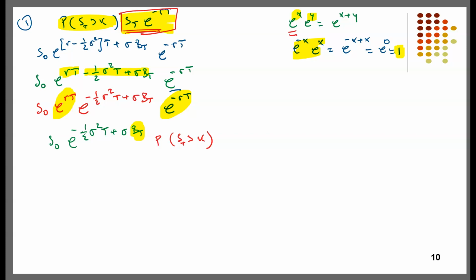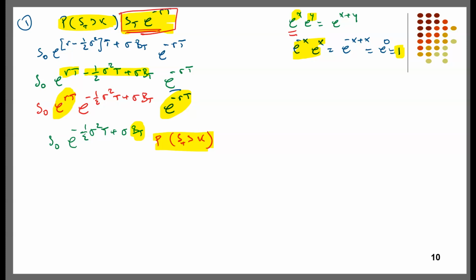So although we can find the probability here, we're still going to have a random variable, which is not going to help us in computing the call price, right? Because we cannot have the call price as a function of a random variable that is BT, which is the random shock. And so what we want to do is find a way to get rid of that BT there.